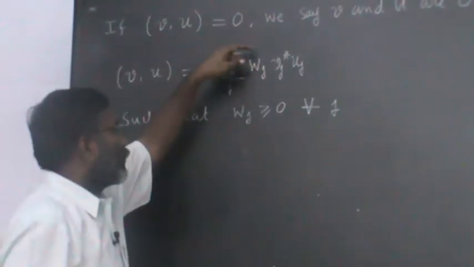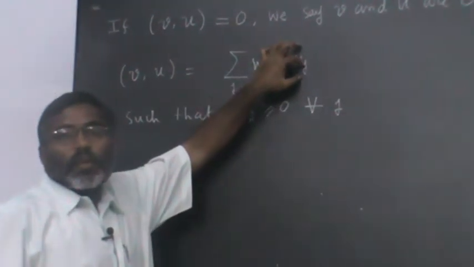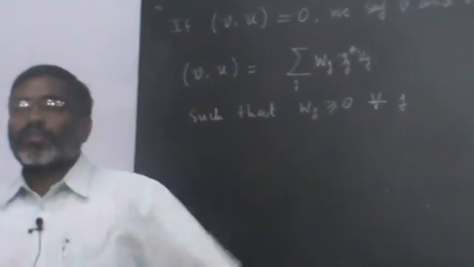So an arbitrary weight factor given to each one of these terms will also qualify to be an inner product. In general, you may take Wj to be equal to 1, but even if I put in an arbitrary Wj, I can define an inner product.